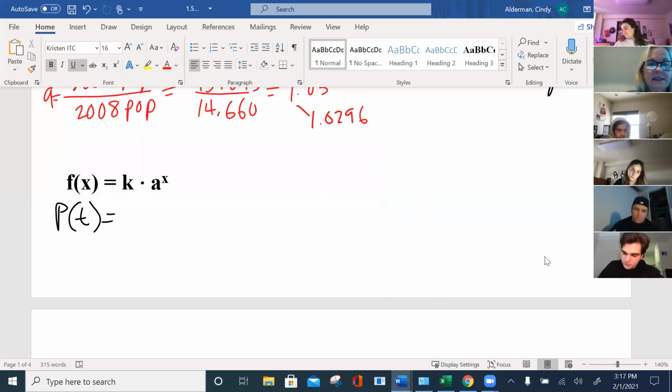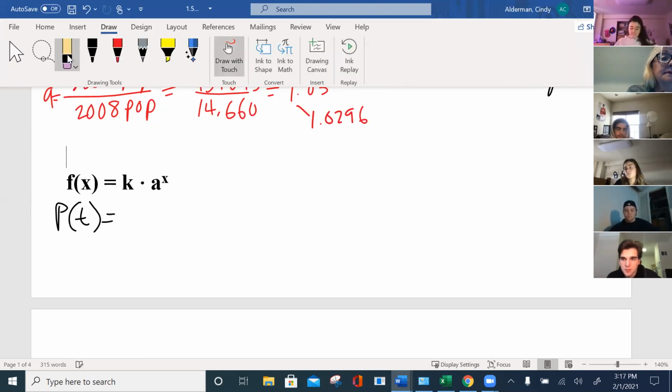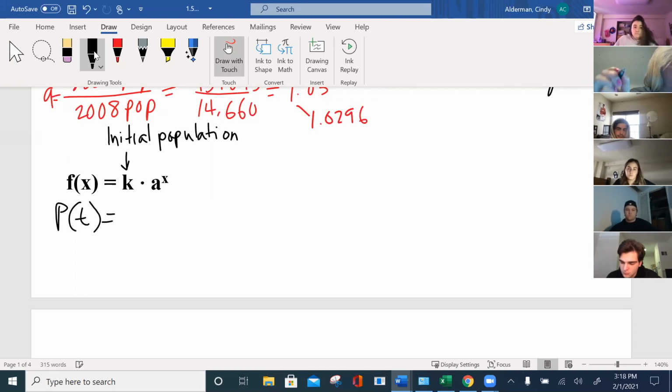And the constant is always going to be your initial. Let me write this better so that it's legible for people that are not here. So this is your initial population. Then our initial population was what?